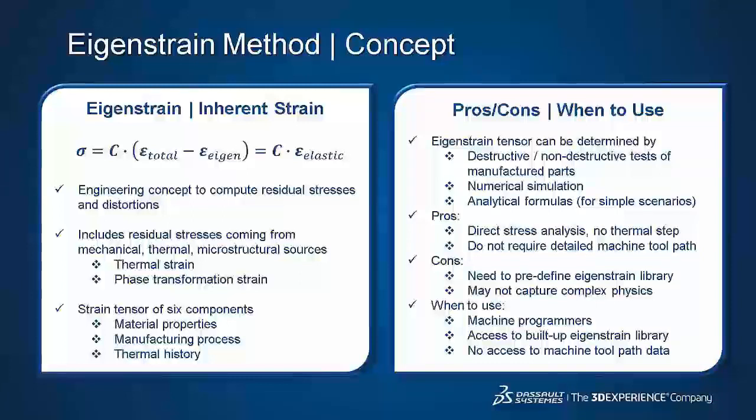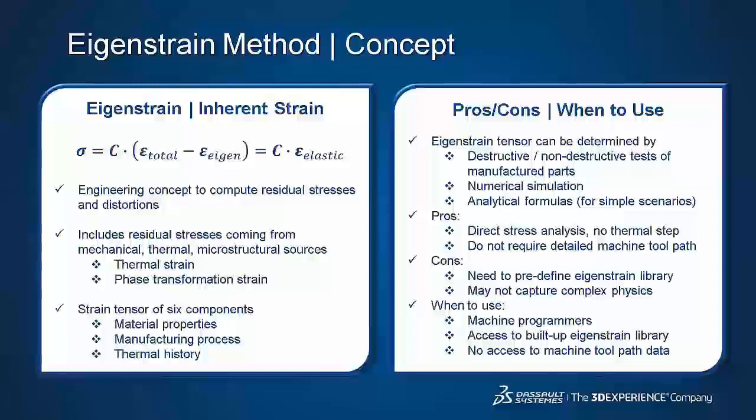An eigenstrain in 3D is represented by a standard strain tensor with 6 components. The components of the eigenstrain are functions of many factors, including material properties, manufacturing process, and thermal history. So the question really is, how do we create the eigenstrain library?